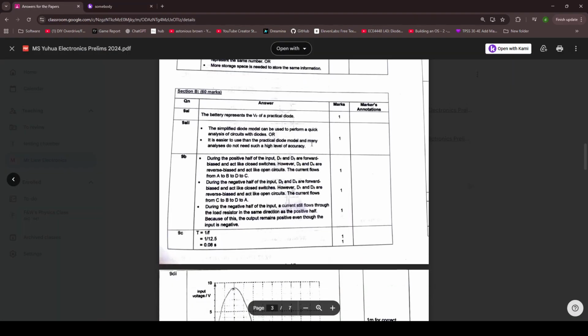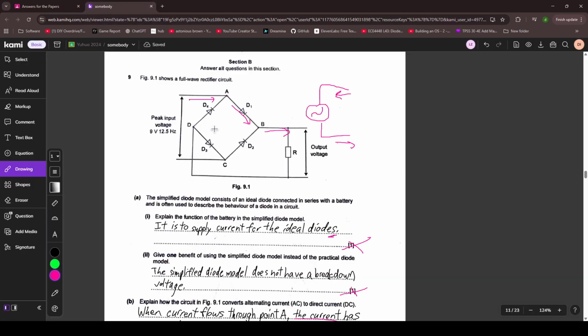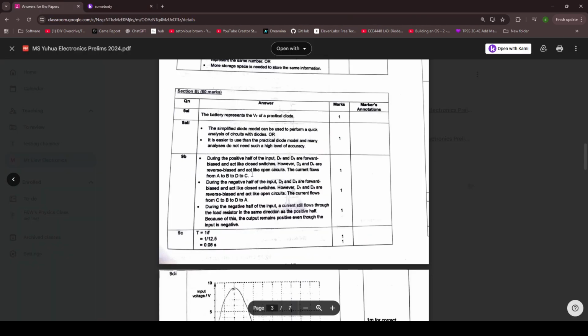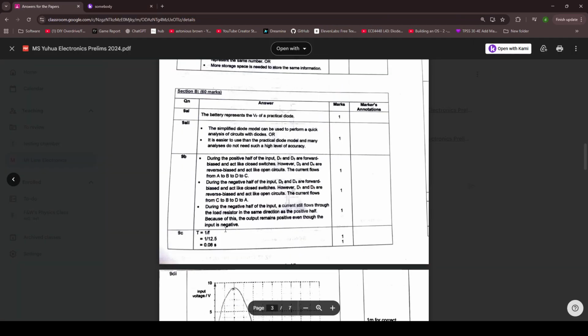During the negative half of the input, a current still flows through the load resistor in the same direction as the positive half. So basically, either way, current still comes out at B and flows through the resistor. And because of this, the output always remains positive, regardless if the input is negative.